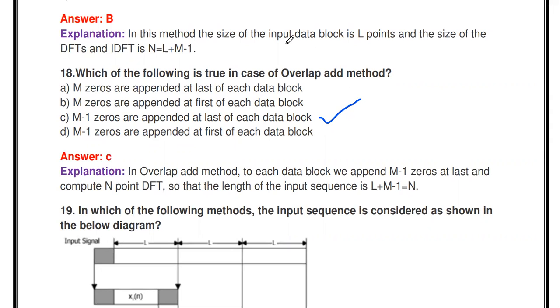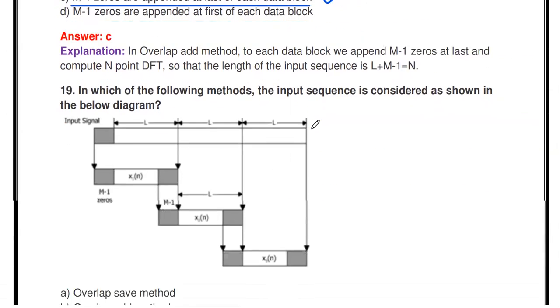In the overlap save method, the M minus 1 data of the previous block is captured and put at the start. In the overlap add method, the M minus 1 zeros are appended at the end of each data block. Just remember it.